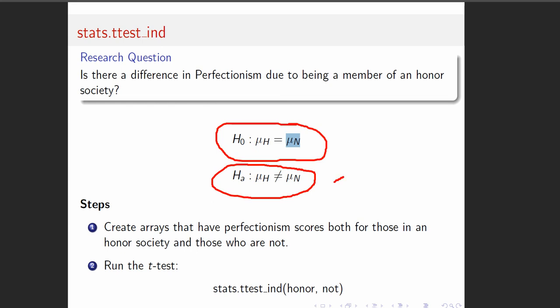Now, again, sometimes you'll see this as a less than, as a greater than. So there are other possibilities. But the big idea for the alternative is that there is some kind of difference in the means, and the null hypothesis is that the means are the same or approximately equal. Okay?